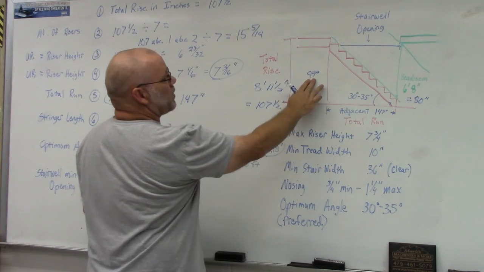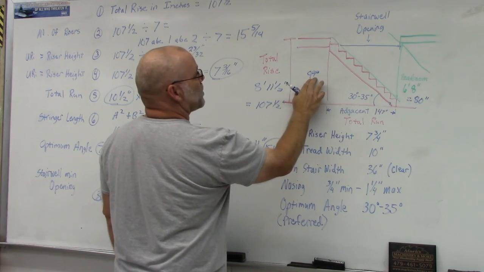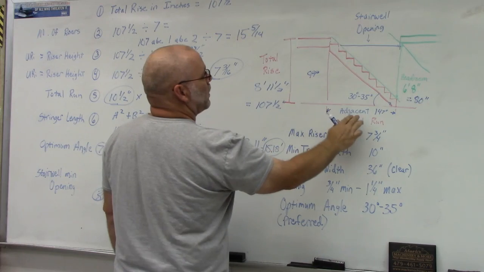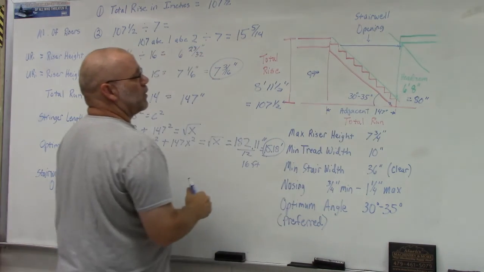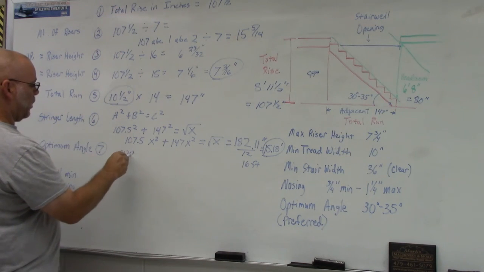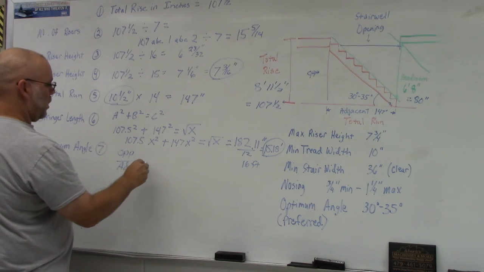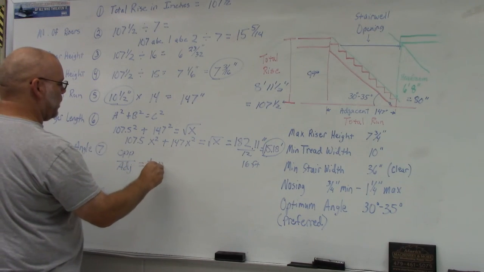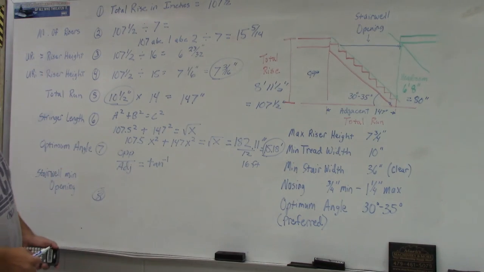This is the opposite side. I want this angle right here, so this is the opposite side of that angle. And this one adjacent, meaning next to this angle. So I'm going to use the equation opposite over adjacent. And since I want an angle, I have to hit the tangent -1 button.